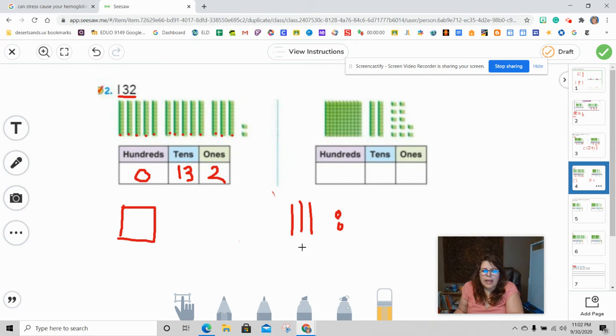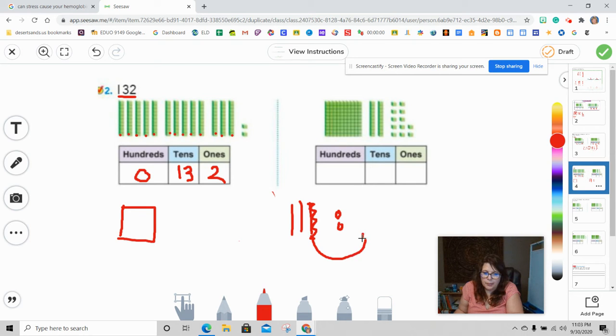And then I go, okay, I have 3 tens here, but I only have 2 tens here. That means that what they did, see how I have a lot of ones? They did this. Cross it and regroup. 1, 2, 3, 4, 5, 6, 7, 8, 9, 10.